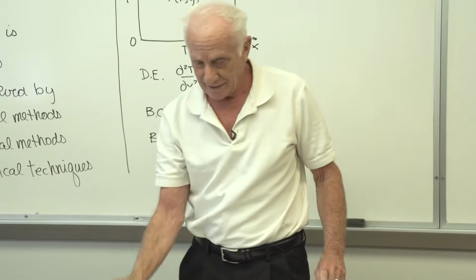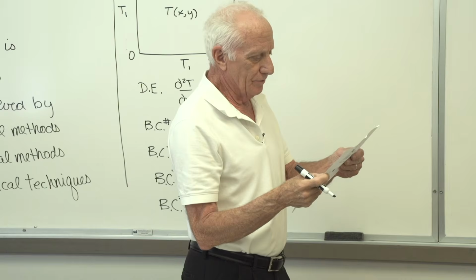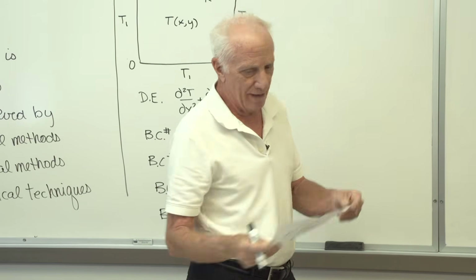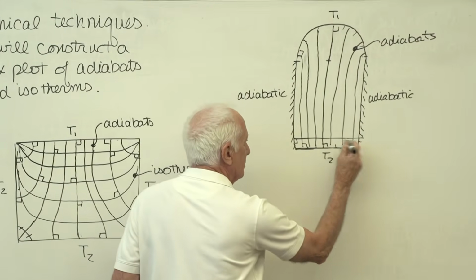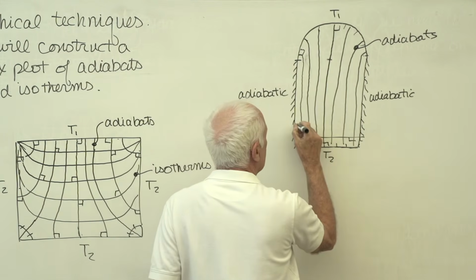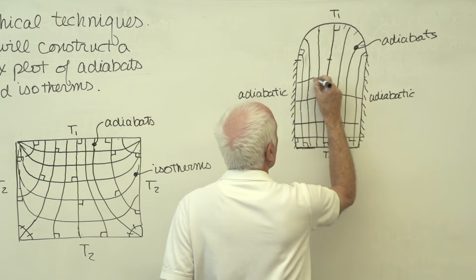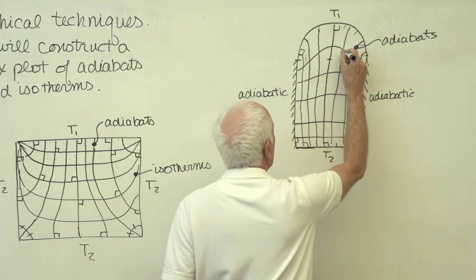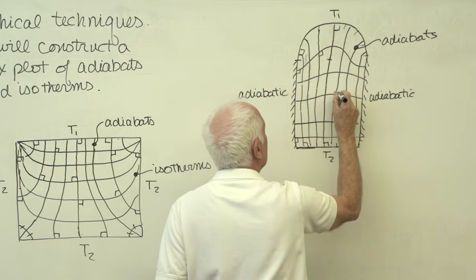But you better realize, here's the rule. Rule 5: isotherms intersect adiabatic boundaries at right angles. This is an isotherm. It intersects an adiabatic boundary at a right angle. Here's another one, and another one. Everywhere they must intersect at right angles.